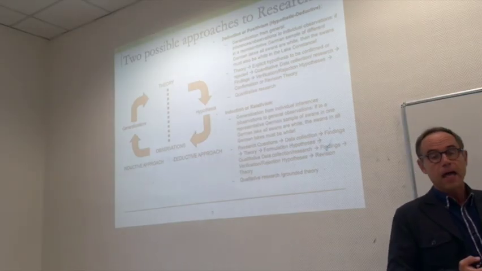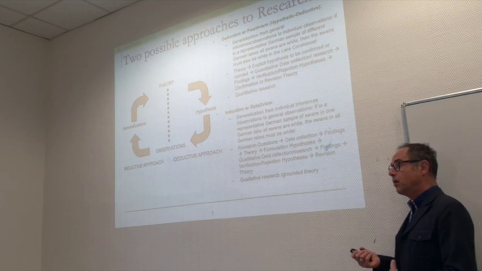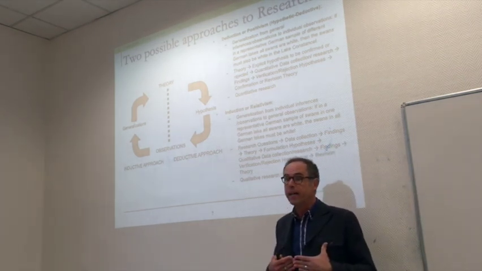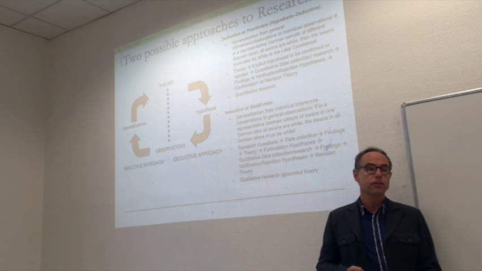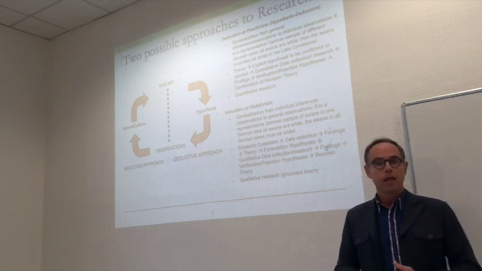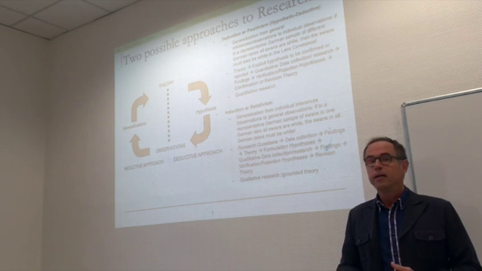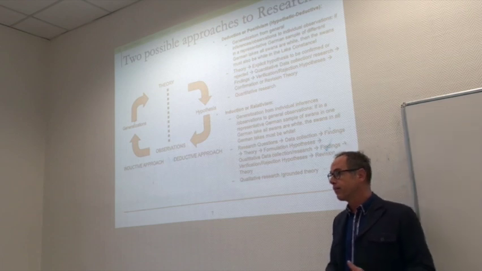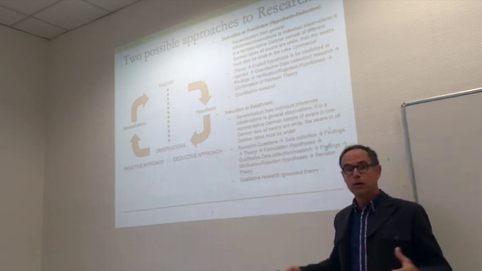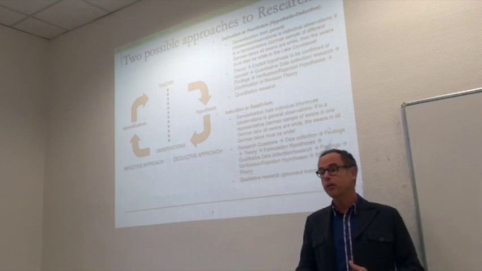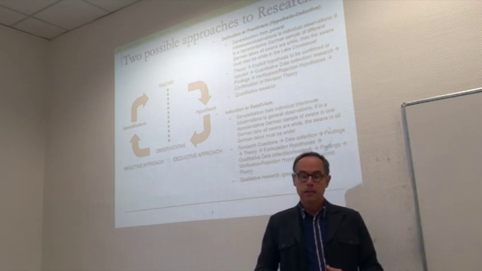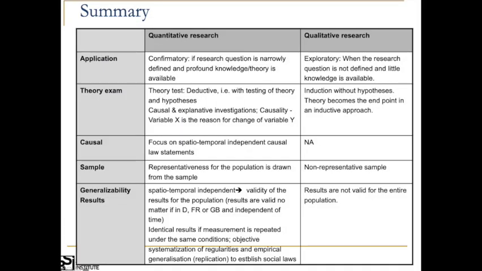So it's a deductive approach where the generalization goes from general inferences or observations to individual observations. For example, if in a representative German sample of different German lakes all swans are white, then the swans must also be white in the Lake of Constance. So we generalize from general observations from different lakes to an individual observation, that is the Lake of Constance. Which is not the case for qualitative research, because the results are not valid for the entire population.